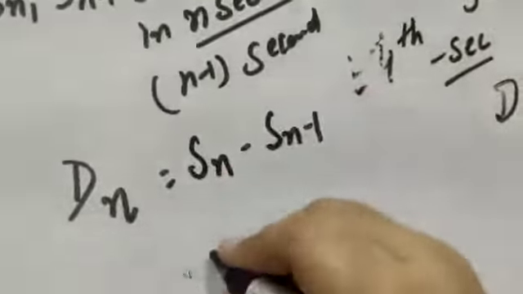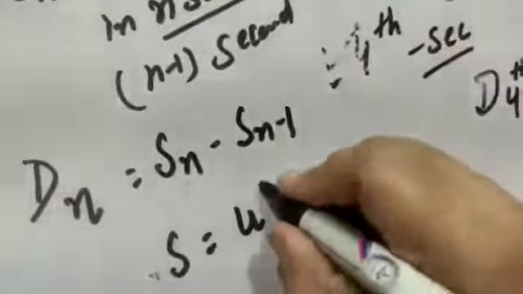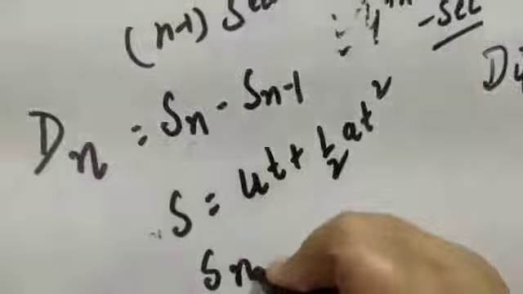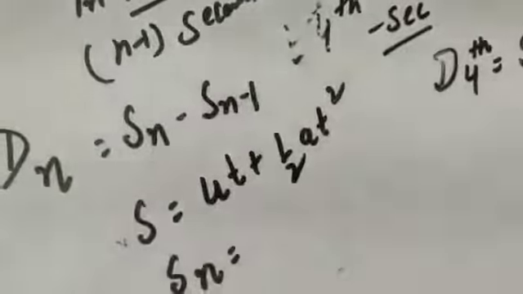Now we know that the distance traveled in t seconds, as we have done earlier, is given by ut plus half at square. Here what we are calculating is the distance traveled in n seconds, so n denotes the time and t will be replaced by n.